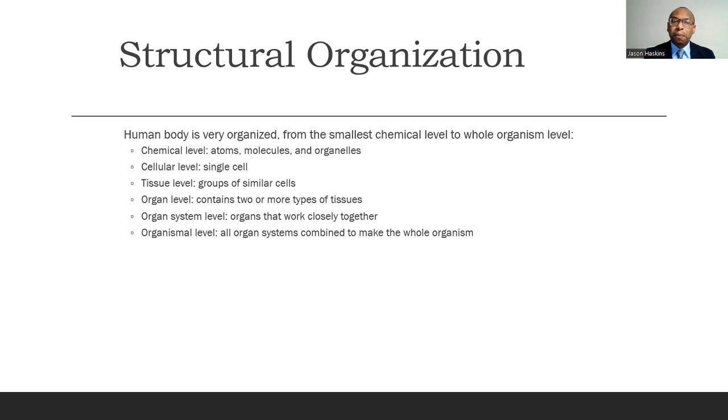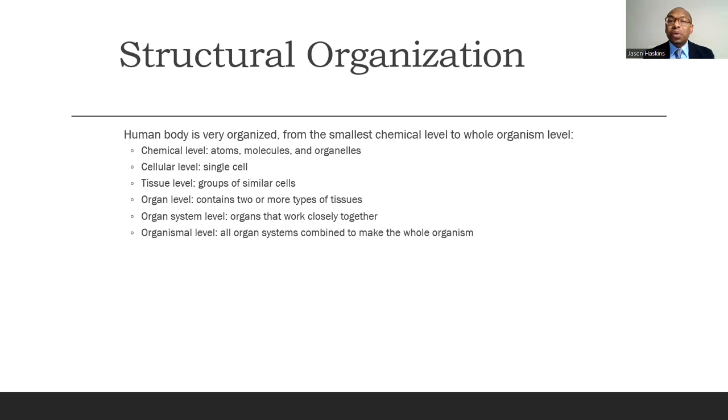As you can see, we're getting more and more complex and more specific as we move closer and closer to the organism level. The organs, tissues that have similar function create organs. For example, your brain, your heart, your lungs, your liver, your kidneys, these are all organs. They are created from tissues that have similar function. Your organs that have similar function come together to create our organ systems.